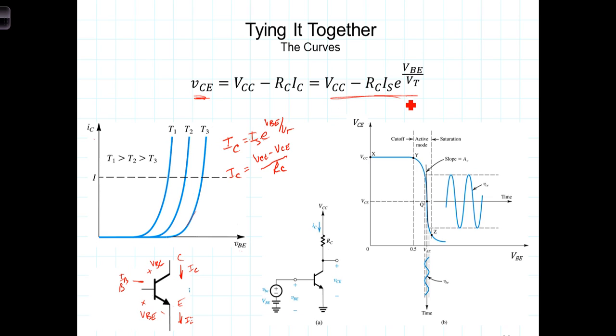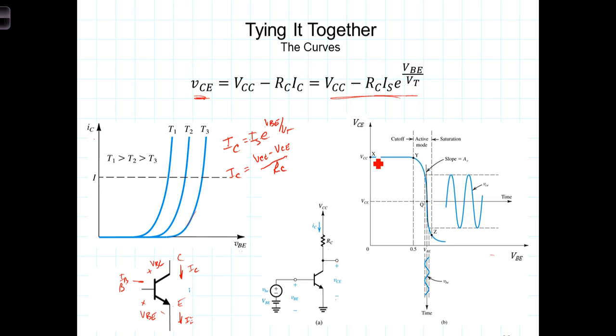This expression then led us to what we call the voltage transfer curve, or the VTC. This provides us a very useful relationship between the output voltage, VCE, as a function of the input voltage, VBE.